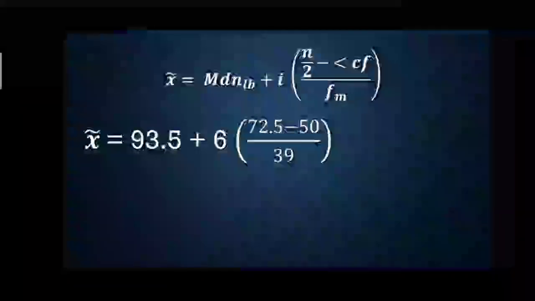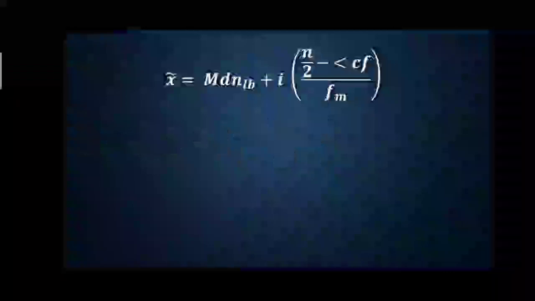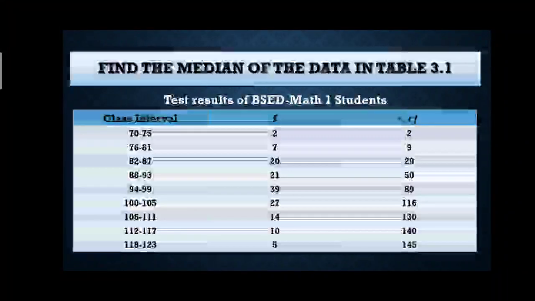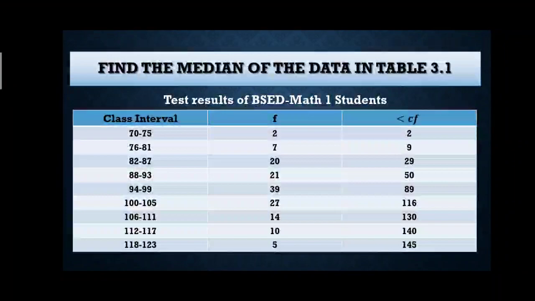So our median, the lower class boundary is 93.5. How to get this? So first thing to do is to get the value of n. So our n is 145, the total number of frequencies.